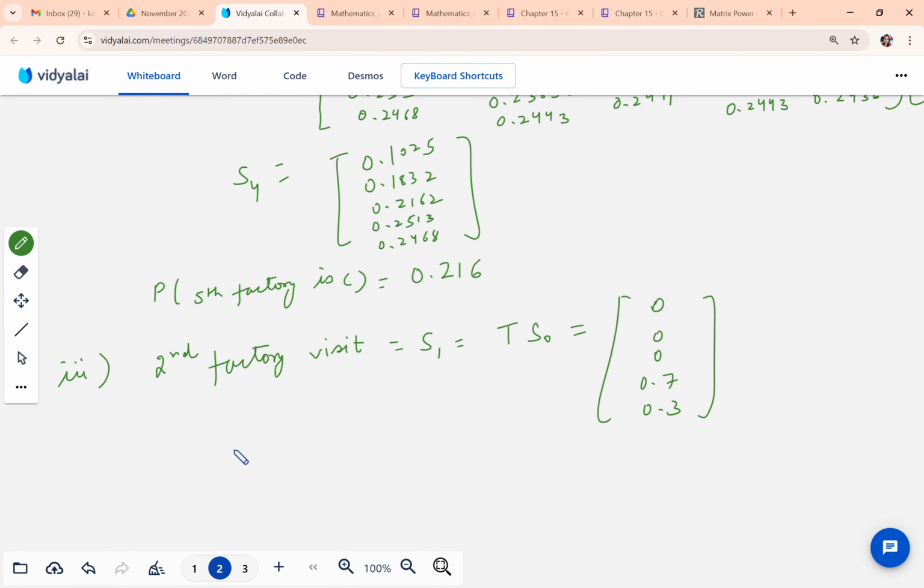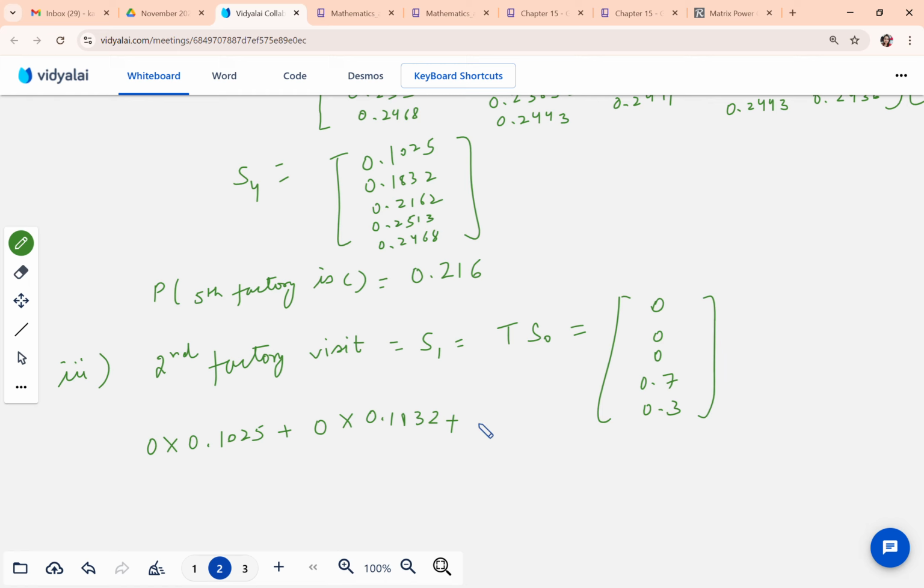What we need to do is just multiply the probabilities here. So it's the fifth visit for A times the second visit for A, plus the second visit for B times the fifth visit for B. So we have probabilities for them.